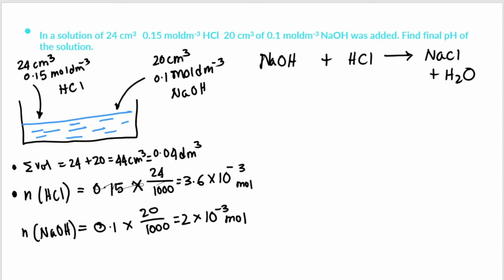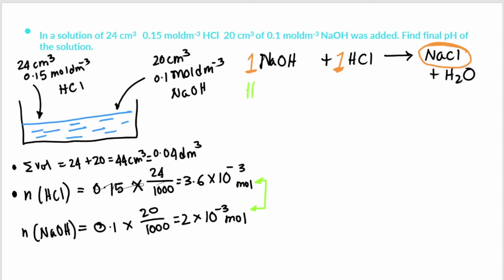Therefore, equal amounts of moles must react to form product. Whatever is in excess will remain in the solution. So we can see that HCl and NaOH do not react in equal proportions because there is an excess amount of HCl.